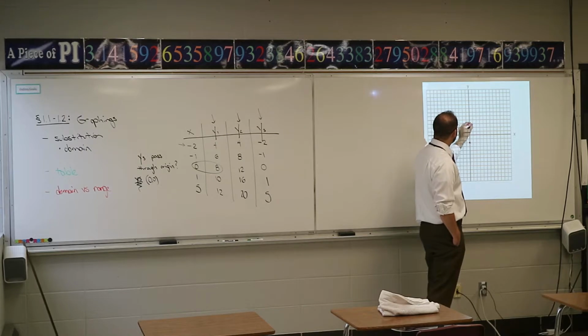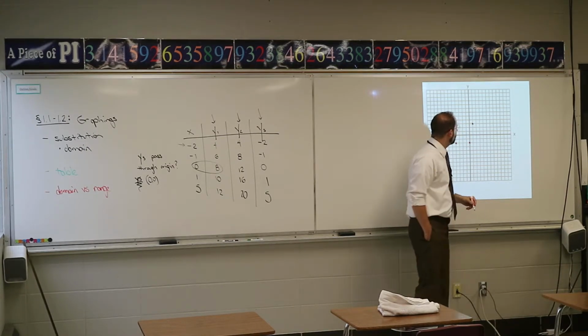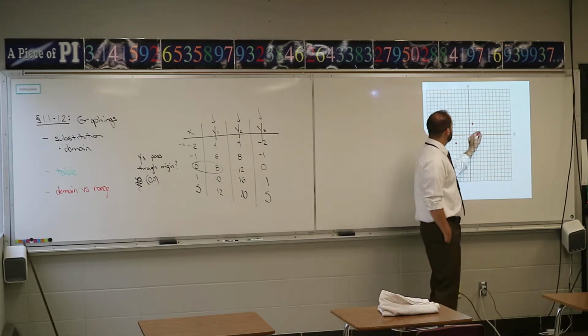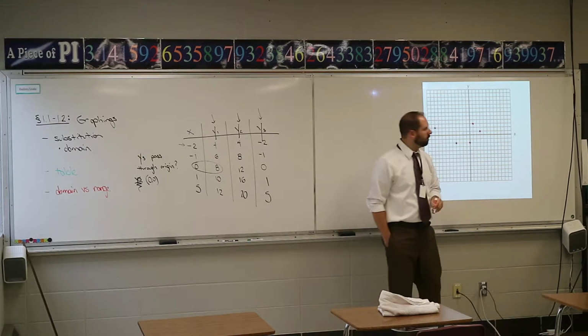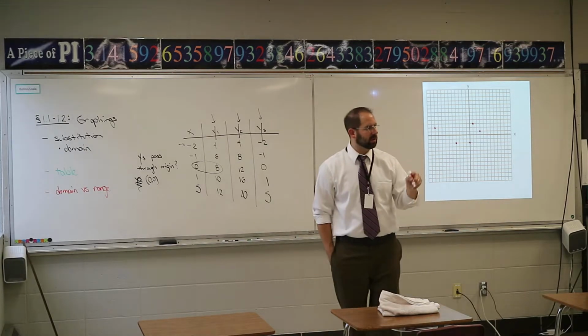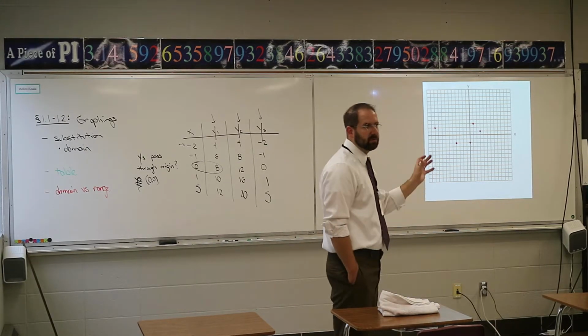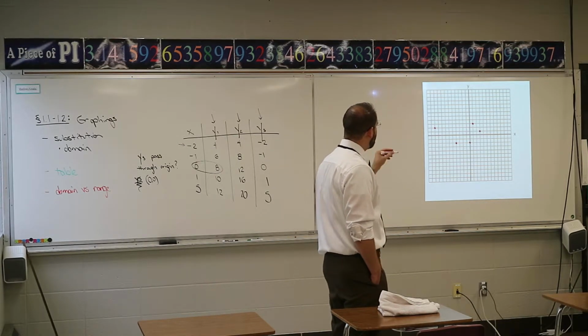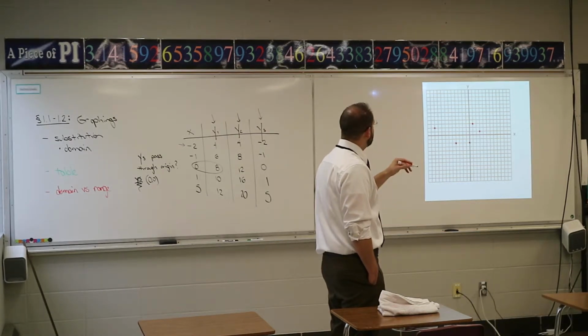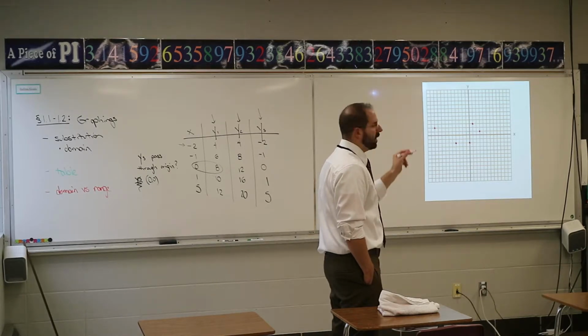Let's go 1, 3. 3, 1, and that should be good. Okay, so now we got our dots. I'm going to repeat those dots because I'm going to draw a flowing line. I want you to copy this. So -10, 2, -4, -2, 0, -2, 1, 3, and 3, 1.